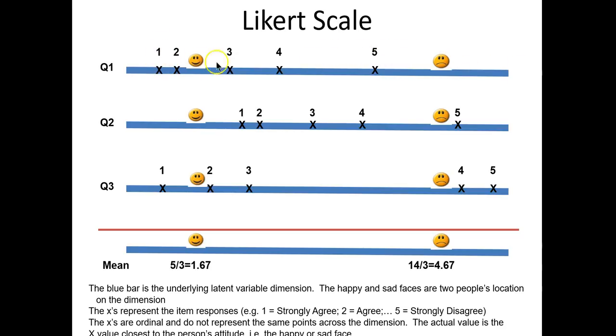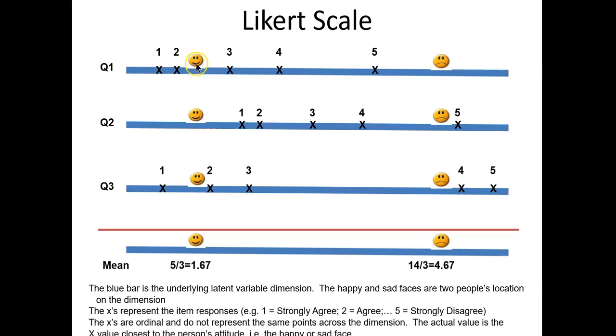You can see that these particular ones aren't necessarily equally intervaled, but if they answered 1 and 2, they're kind of down at this end. The one rule that kind of applies is ordinal data is always 2 is greater than 1, 3 is greater than 2, 4 greater than 3, and 5 greater than 4 on this underlying scale.